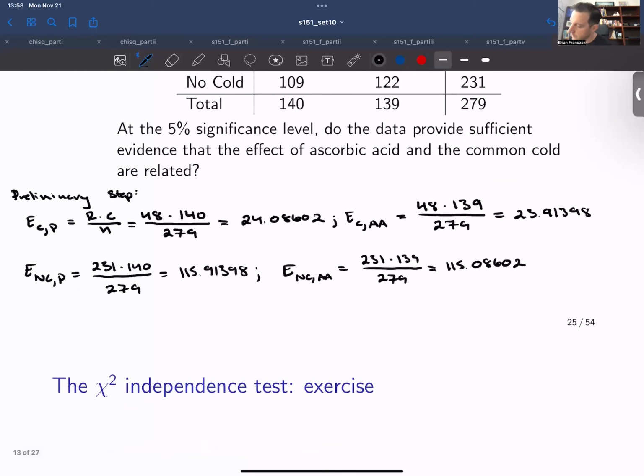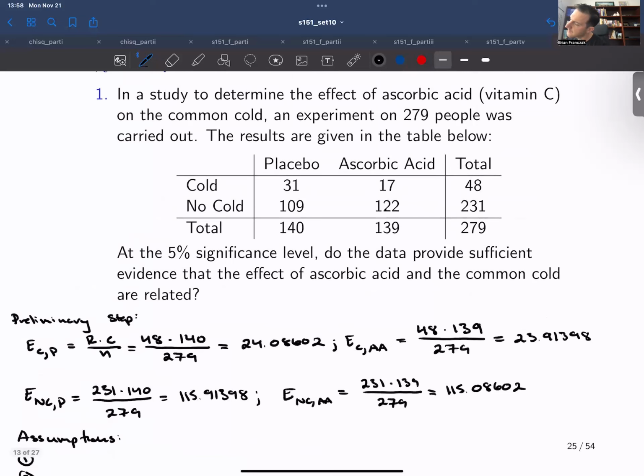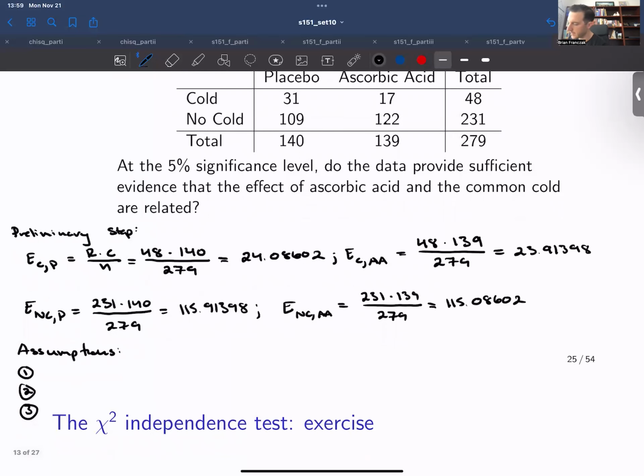And now that I have these quantities, I can move into the assumption checking step. So the assumptions of an independence test are exactly the same as the assumptions of a chi-square goodness of fit test, right?